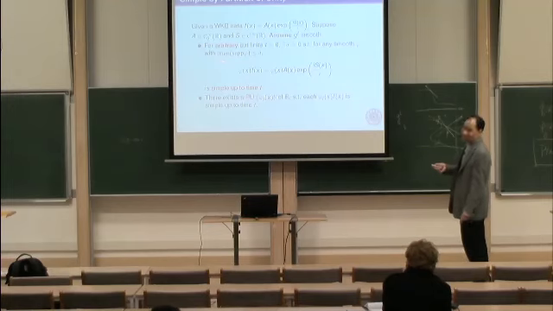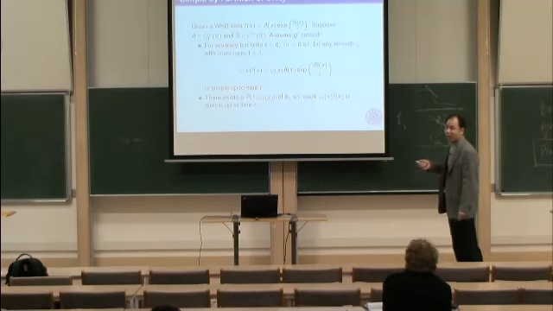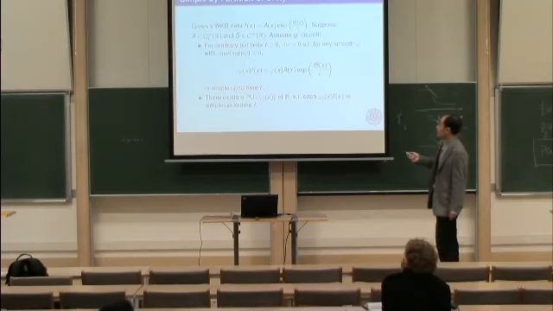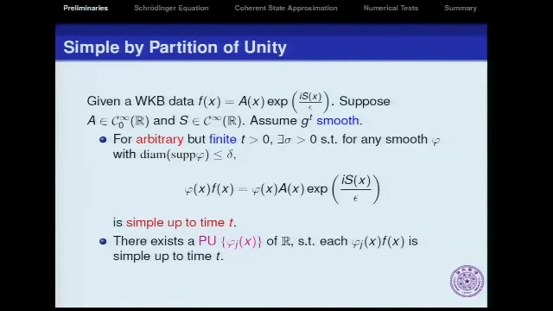You can prove, it's quite easy: for arbitrary but finite time t, there is a positive number sigma, and for any smooth function phi, which you can take as a windowed function, if you multiply this wave function f with phi, it's still a WKB wave function.